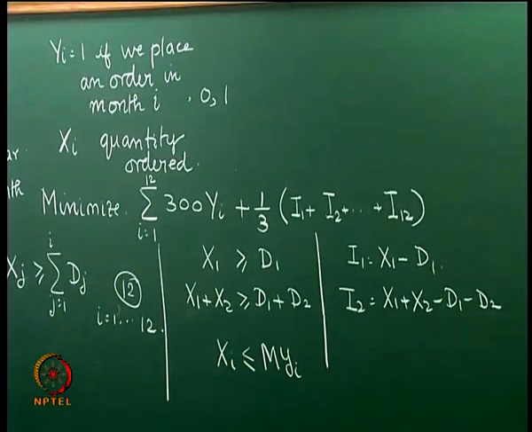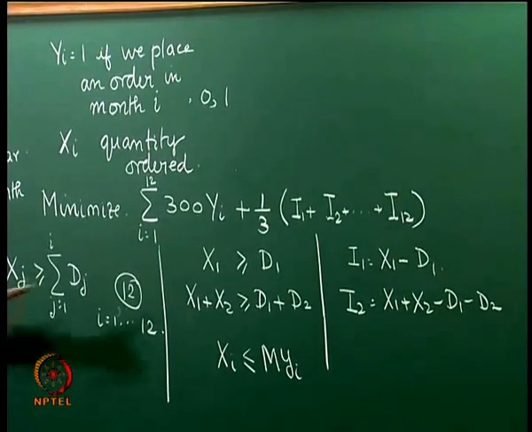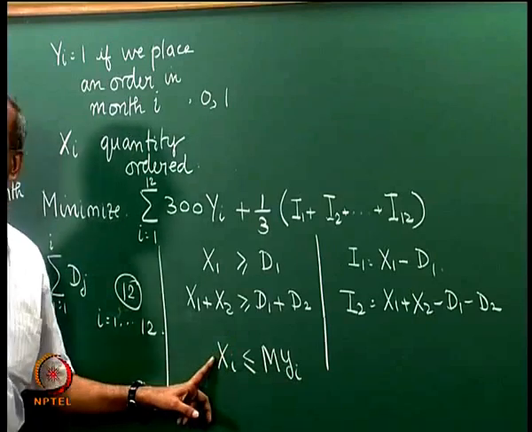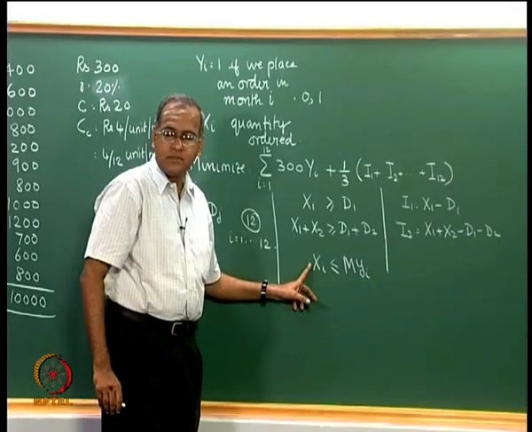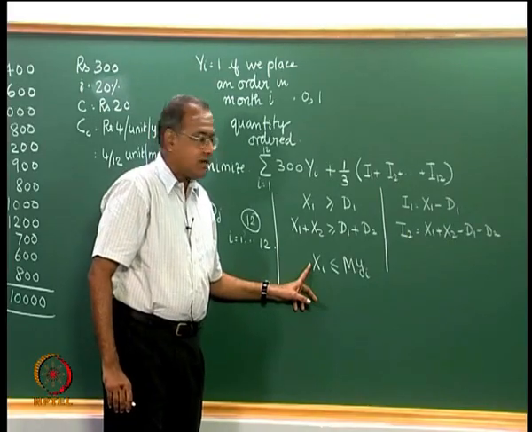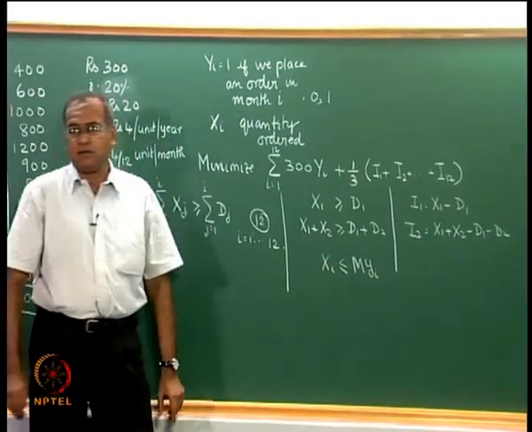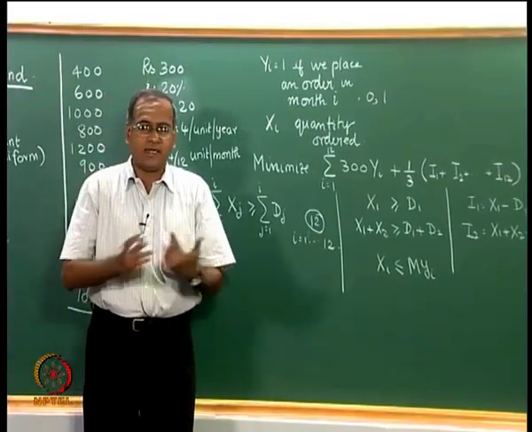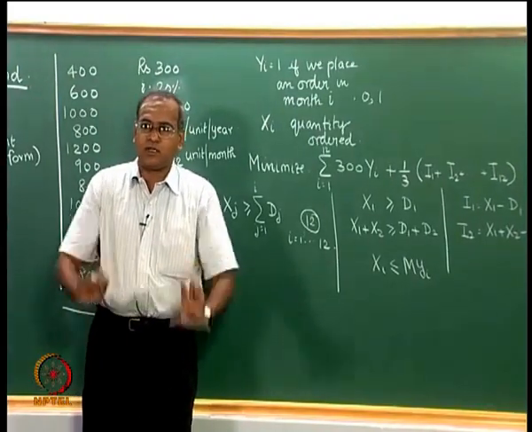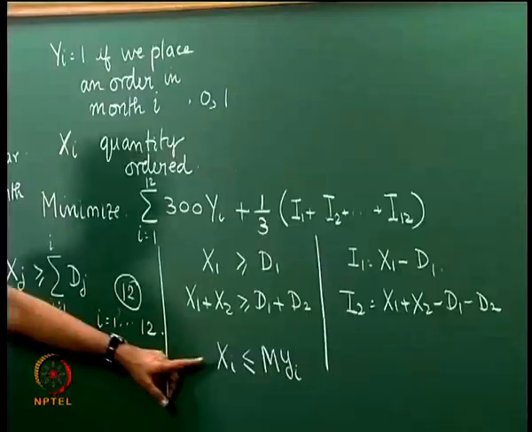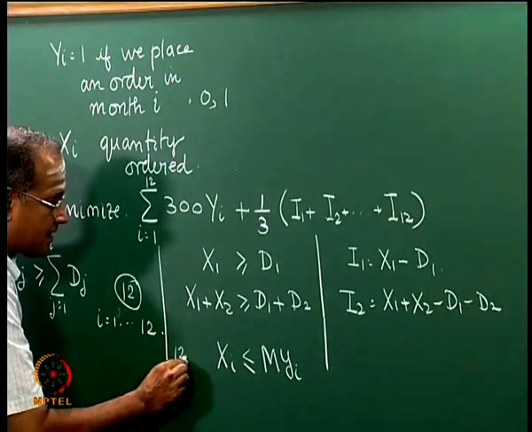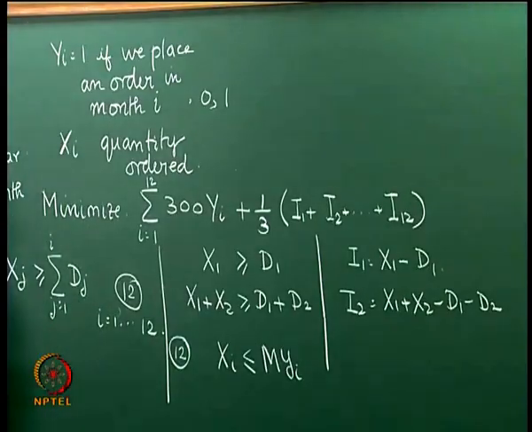So when yi is 0, which means I choose not to order in this month, then big M into yi will be 0, and this will force xi to be automatically 0. If I choose to order in a month where yi equal to 1, then xi could be either 0 or non-zero, which is what we want. So there are again 12 more constraints like this, which takes care of this part of it.